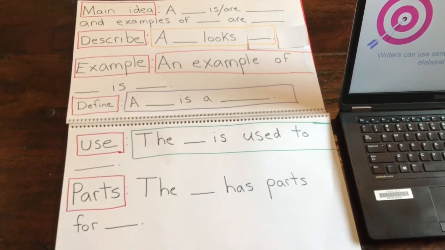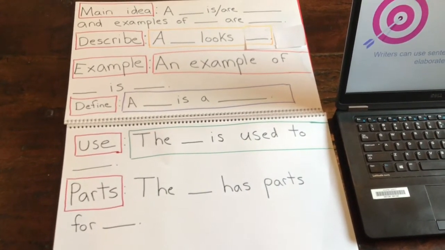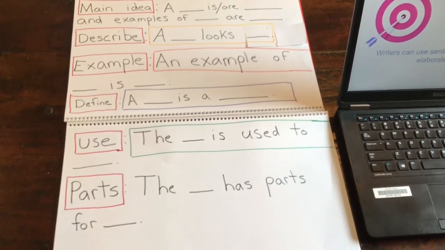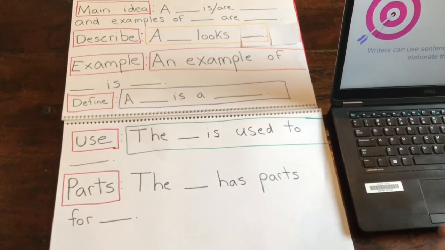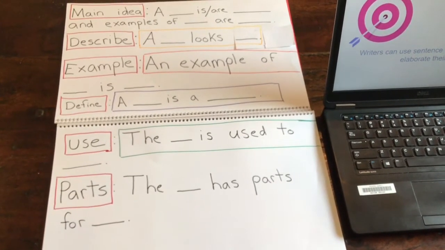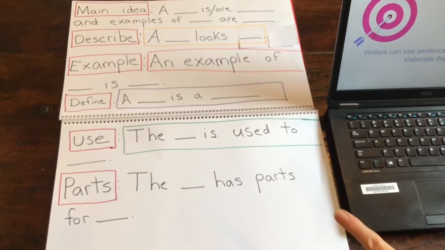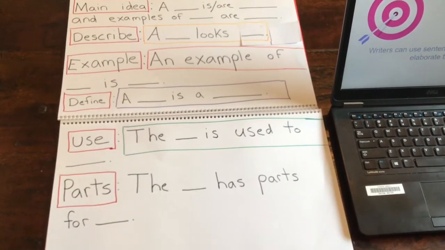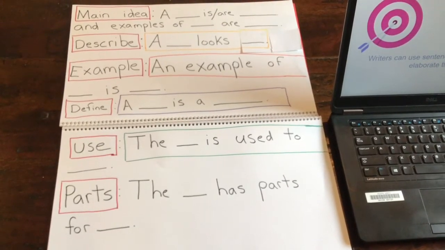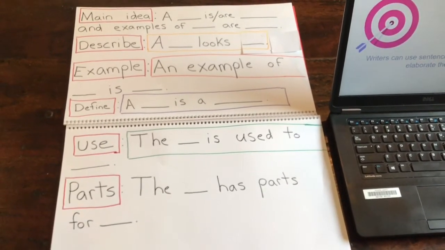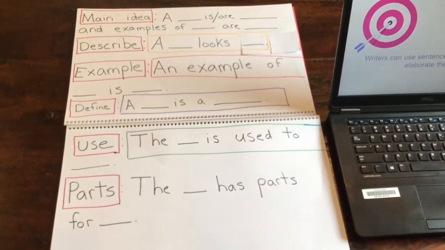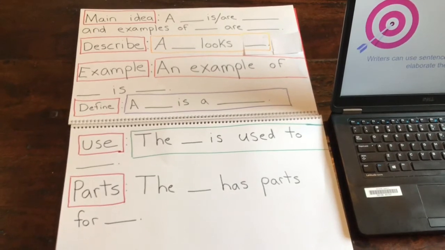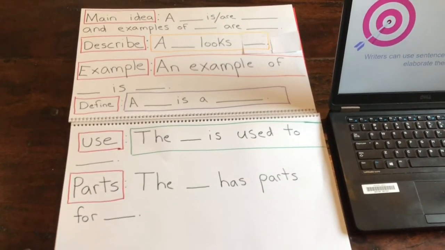An example of is, and notice it's orange. Next is define. A is a, and that one is purple. The next one is use. The is used to, and that one is green. And finally, parts. The has parts for.